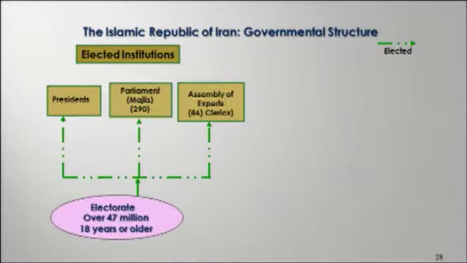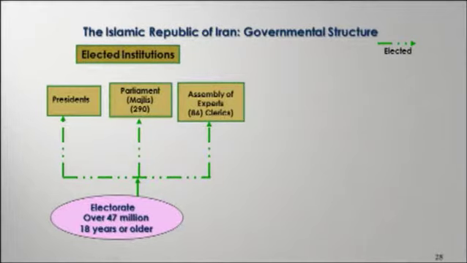However, only clerics can join the assembly, and the candidates for those elections first must be vetted by the Guardian Council. These members are elected for an 8-year term.